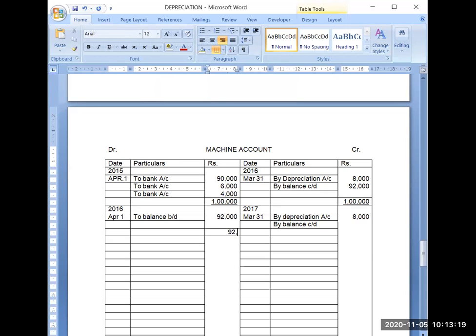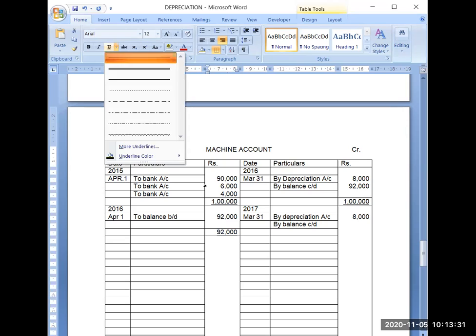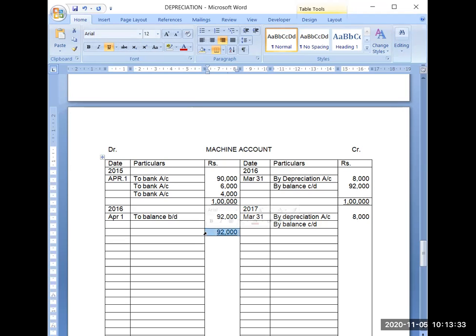Now I will total it again here. So this will be the total here, and I will underline this. I will copy the same total on the opposite side of it. And then some of you are writing balances in these lines.